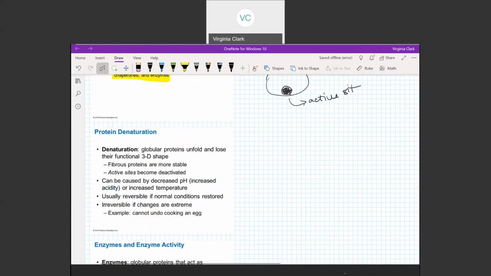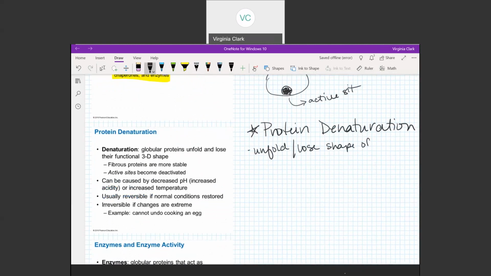So here's one of the biggest concepts of this chapter: protein denaturation. Essentially, this is when you unfold or lose the shape of a 3D protein.